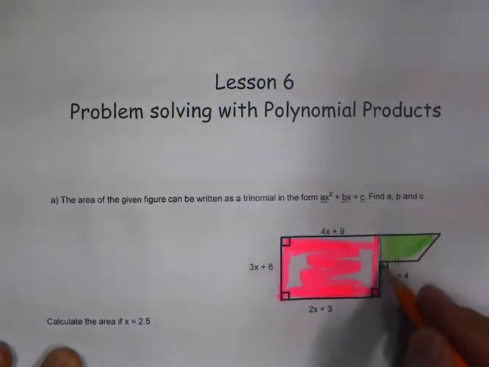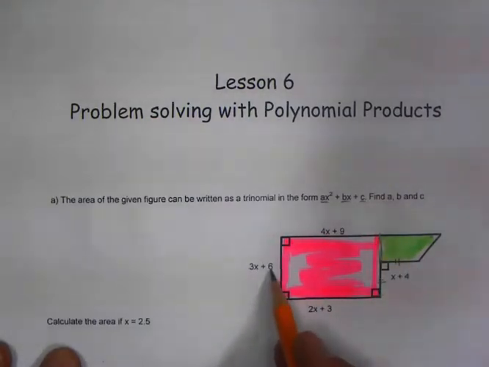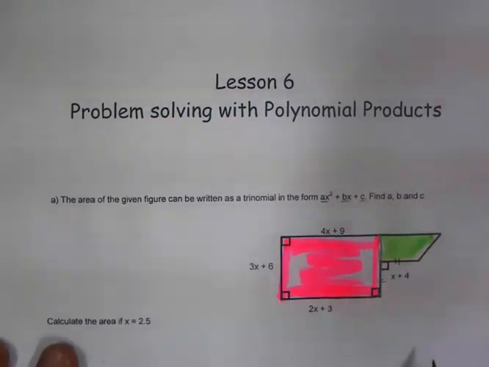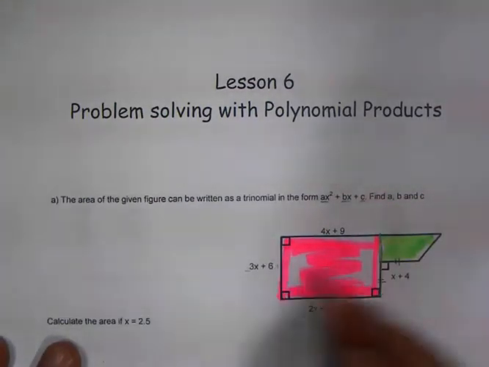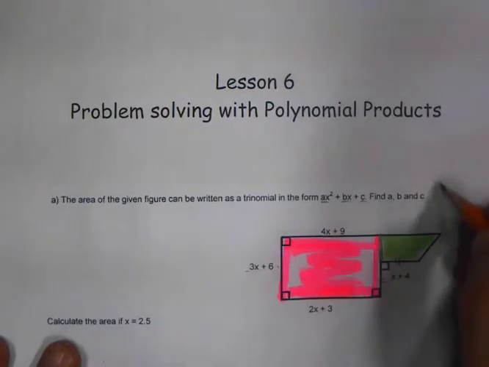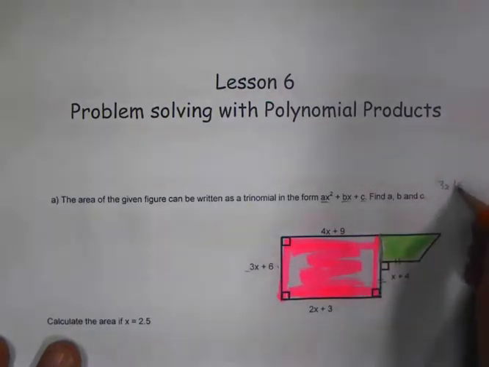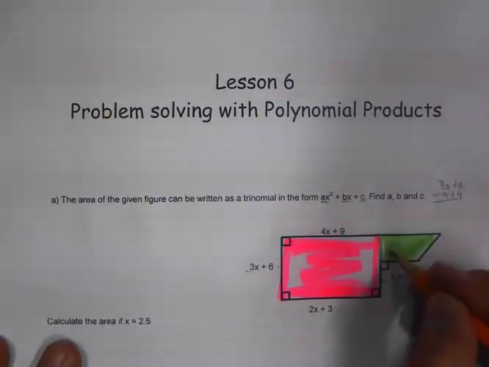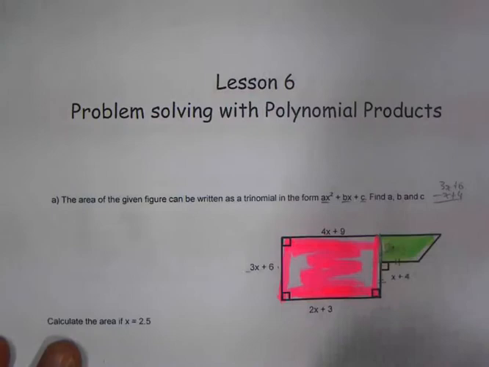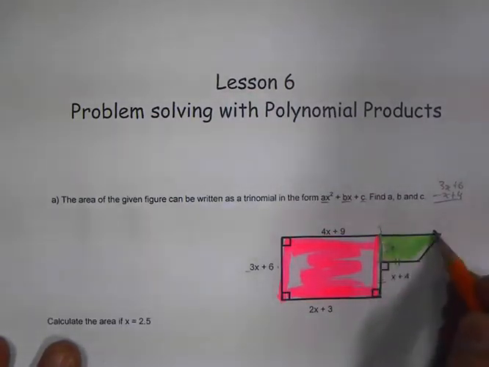So this height here is the same as, we have 3x plus 6 is this distance, and this distance here is x plus 4. So this height is going to be 3x plus 6 minus x plus 4. That's going to give me 2x plus 2 is this height here. Now I want to find this height from here to here.